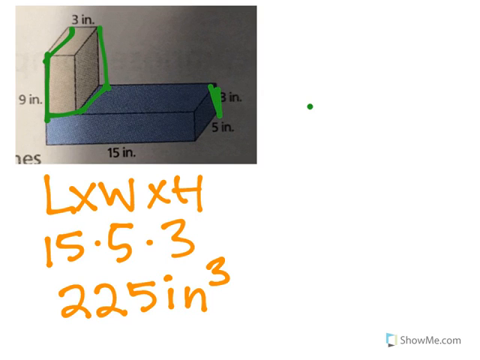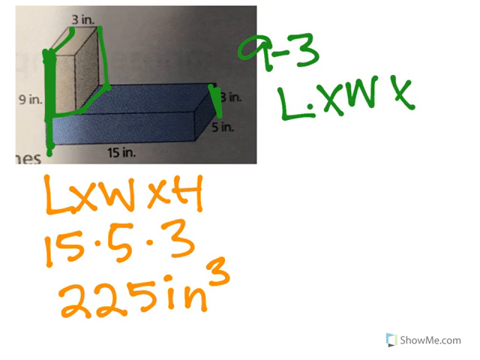I know that I have 3 inches here, and I have 9 inches here. This 9 inches covers this full length that's here. So I'm going to subtract 3 inches off of that length. So again, length times width times height. 9 minus 3 is 6, so I have 1 part.